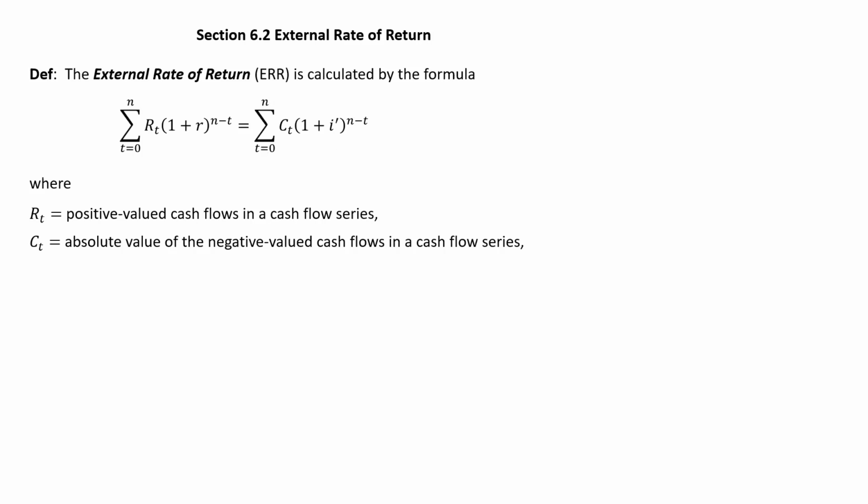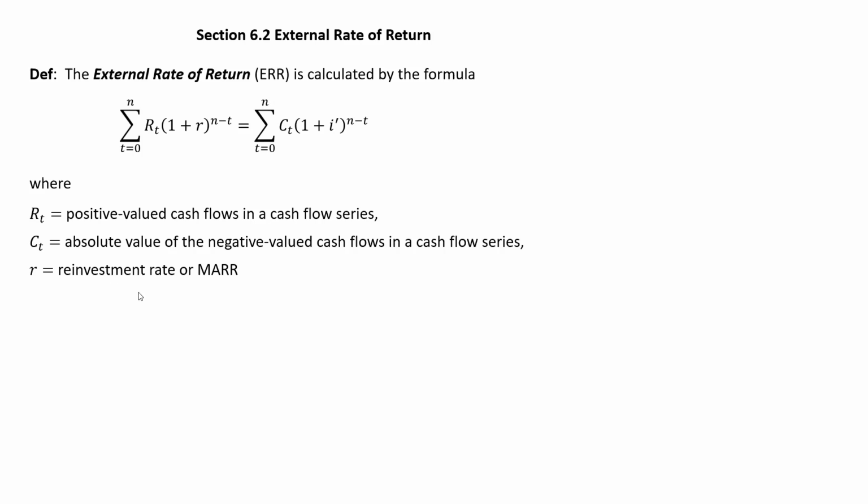Okay. Now there is this i prime. There is an r here and there's an i prime here. What's up with that? This i prime is the external rate of return. So you use the external rate of return i prime only for the negative cash flows to project them to the future. For all the positive ones, you use your minimum attractive rate of return. That's the difference.